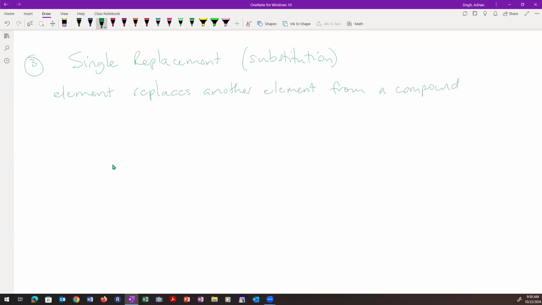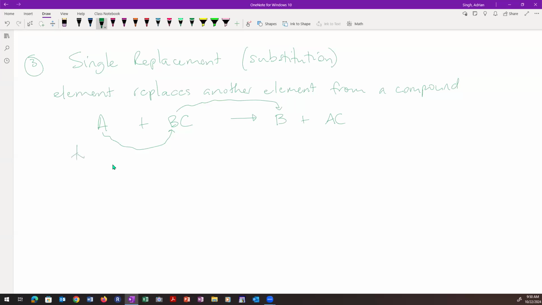Okay, so generally we can say if I have an element A reacting with a compound BC, what can happen here is A can come in and take the place of, or replace, B. So B then is kicked out. So now we form a new element, B, and then we make a new combination between A and C. Okay, so one thing replaces or substitutes another to make our new products at the end.